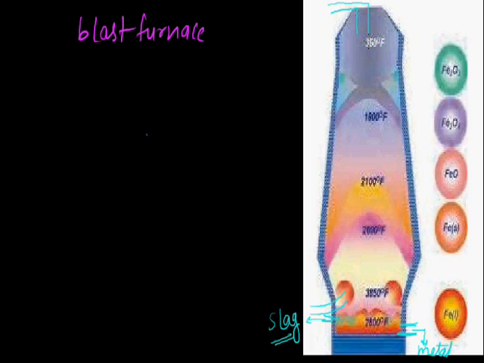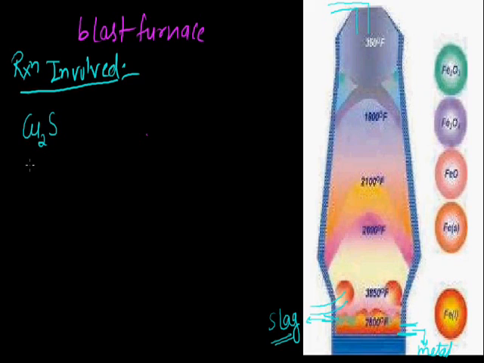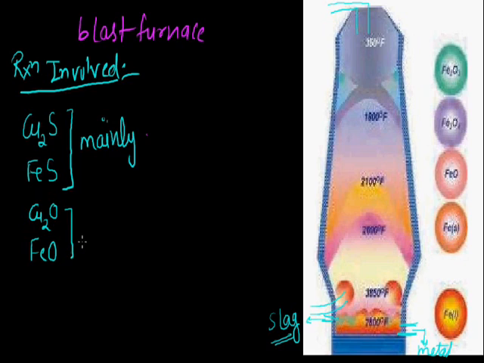Now we will discuss the reactions involved. As we discussed before, after roasting we get copper sulfide, ferrous sulfide, copper oxide and ferrous oxide. In roasting we obtain mainly sulfides and a smaller amount of oxide because partial oxidation takes place, or partial conversion of sulfide into oxide.